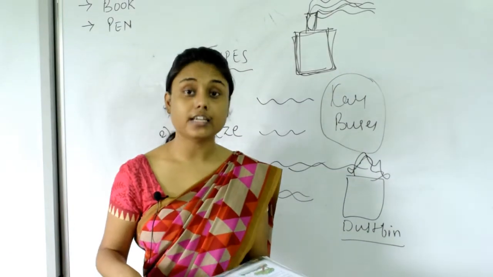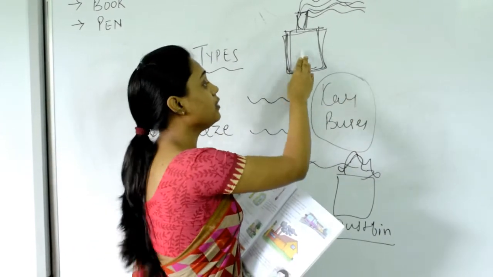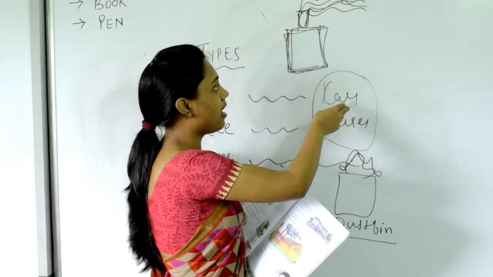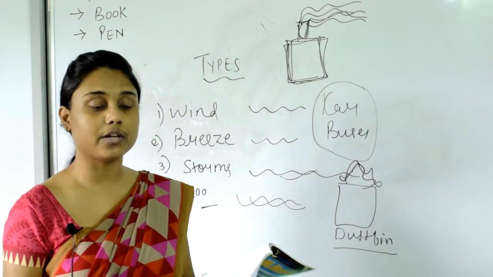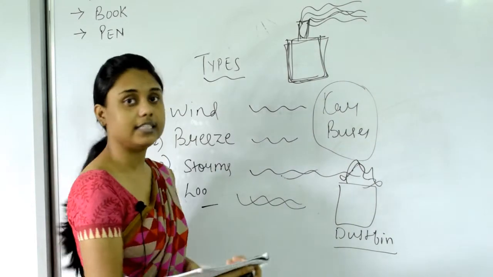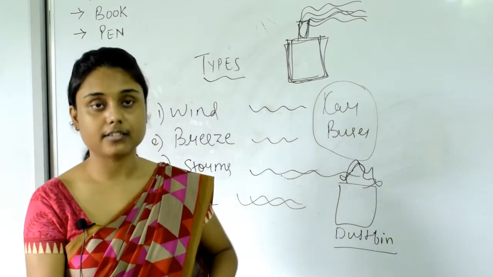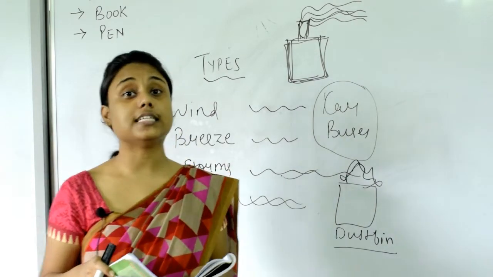Now we will study the effects of the polluted air, the air which is getting polluted due to these cars and factories. Polluted air is dirty air, right? So dirty air can lead to breathing problems and other diseases.